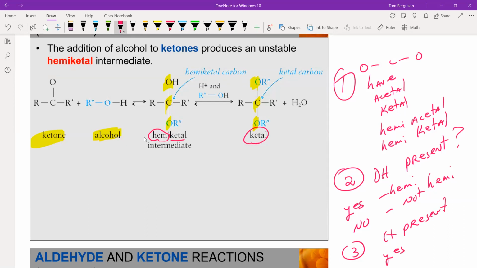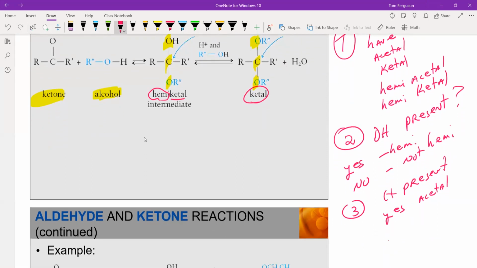If yes, then it's an acetal, and if OH is there, it's a hemiacetal. If no, it is a ketal, or a hemiketal if OH is present.